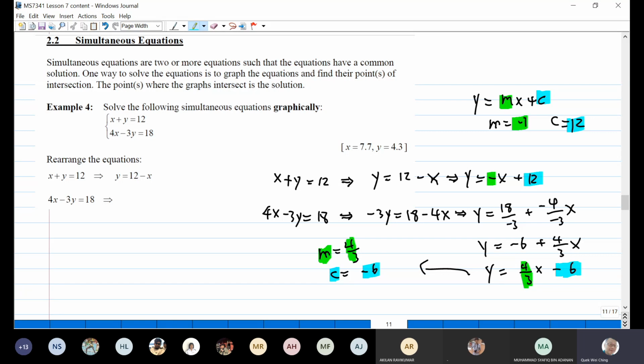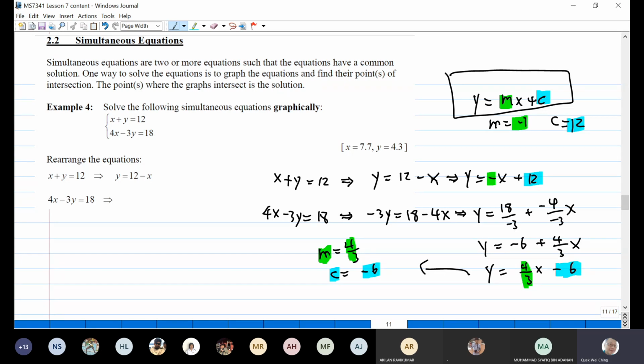The key thing is how to get the equation of a straight line, y equals mx plus c, so that you get a standard equation. Now take a photo of this one. You can see how to arrange that equation so that y equals mx plus c.